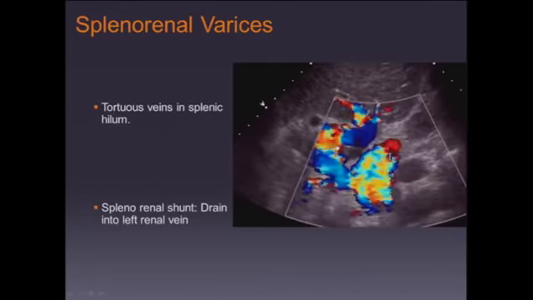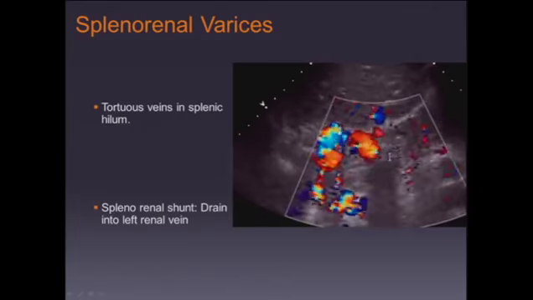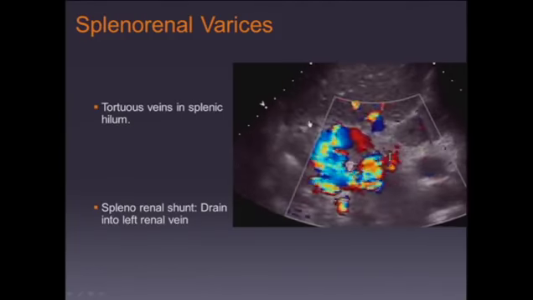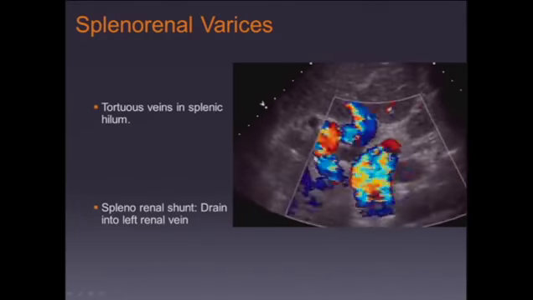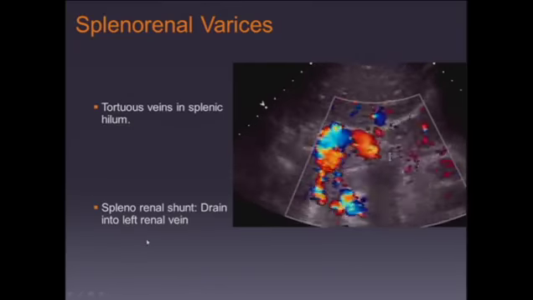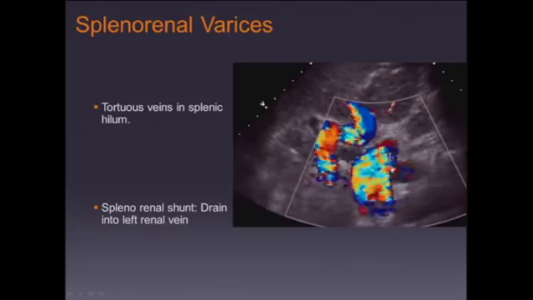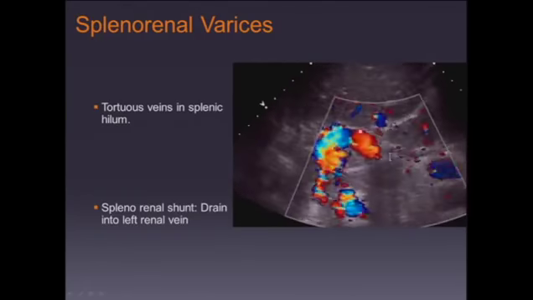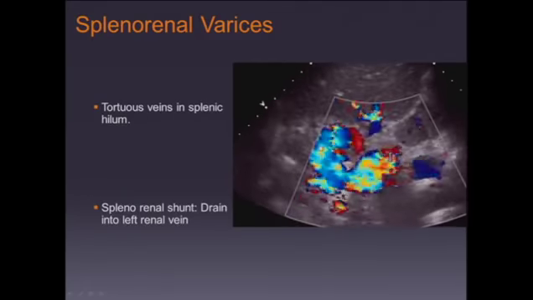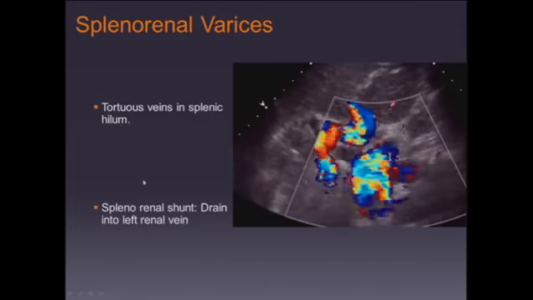Splenorenal varices are found at the splenic hilum. They appear as a bunch of tortuous veins in the splenic hilum that eventually empty into the renal vein, creating a spontaneous splenorenal shunt. This color Doppler clip demonstrates a bunch of splenic varices emptying into the splenic vein.